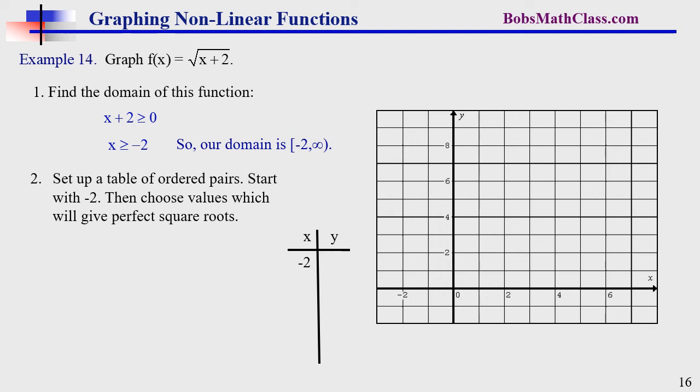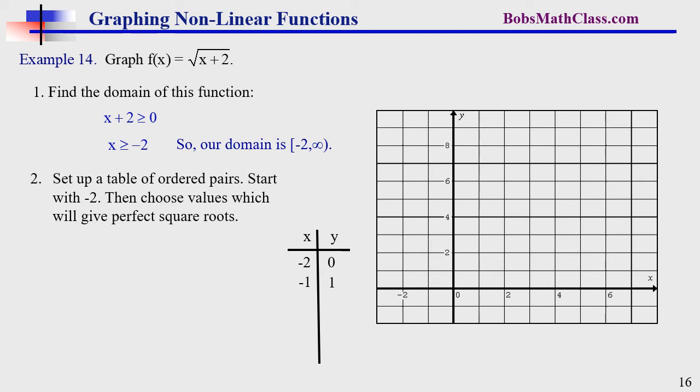Those are the numbers we're trying to get. So what number plus 2 will equal 1? Right, -1. All right, we should probably do -2 first. So negative 2 plus 2 is 0, and the square root of 0 is 0. Then we said negative 1. Negative 1 plus 2 is 1, and the square root of 1 is 1.